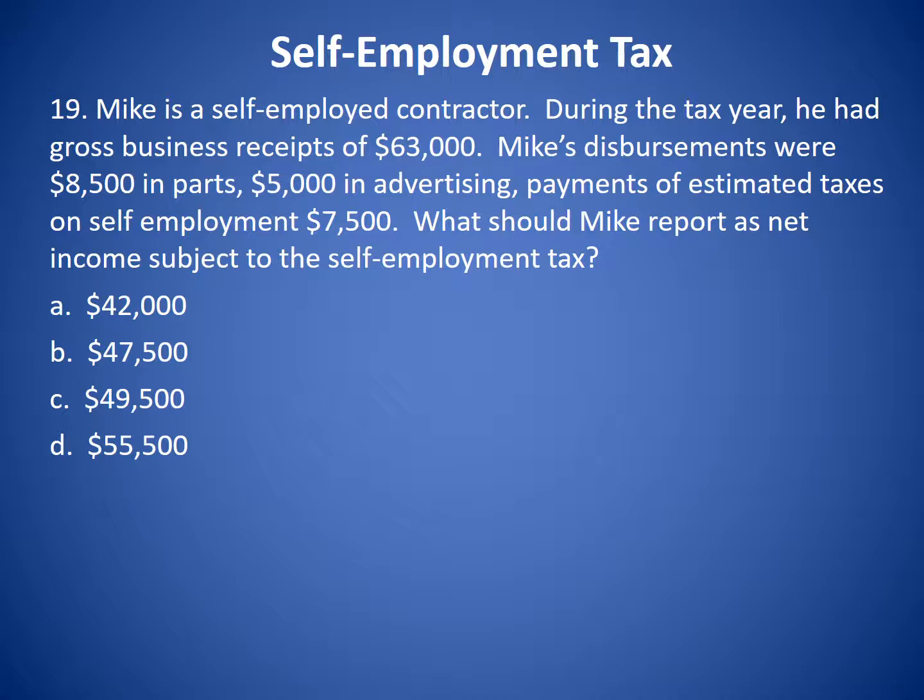So these were payments he made to the government on self-employment, $7,500. So what should Mike report as net income subject to the self-employment tax? Go ahead, stop the video, and when you're ready, restart and review the answer.